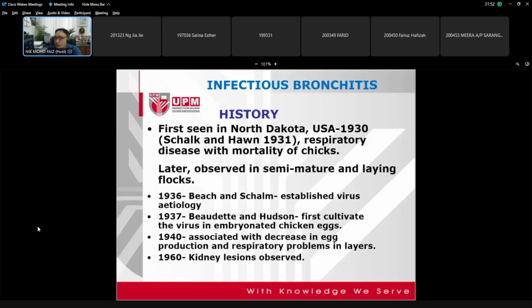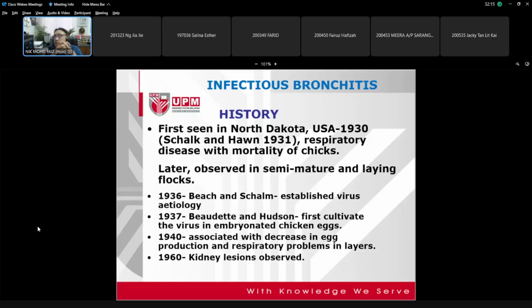Infectious bronchitis is one of the most common, on the same level as ND and IBD, because this is one of the diseases that you must vaccinate against in all chickens, whether broiler, layer or breeder.